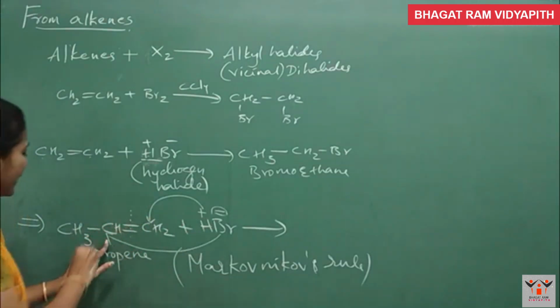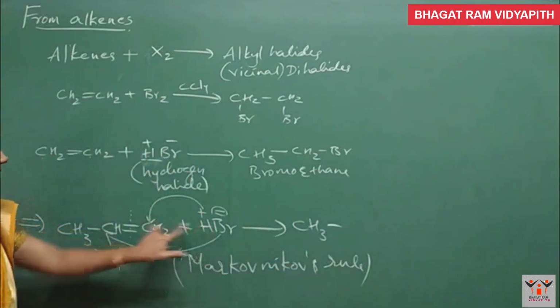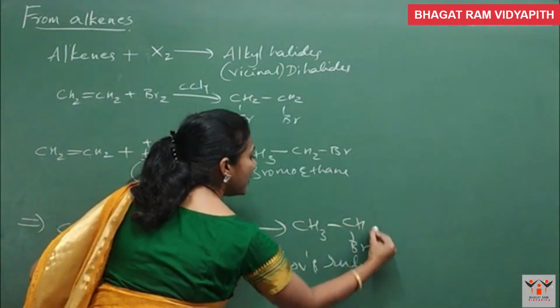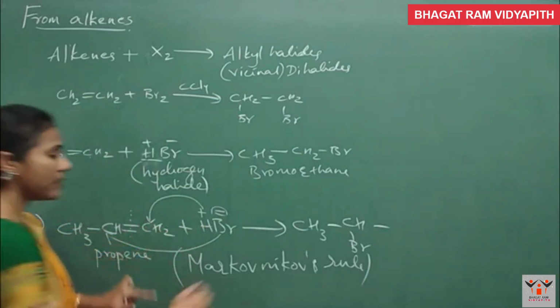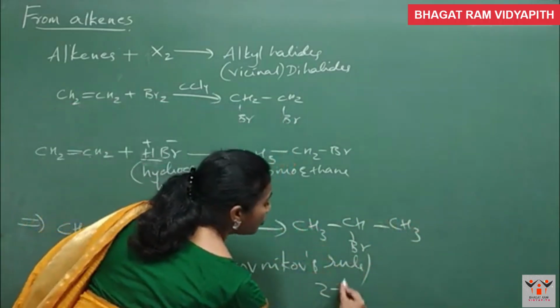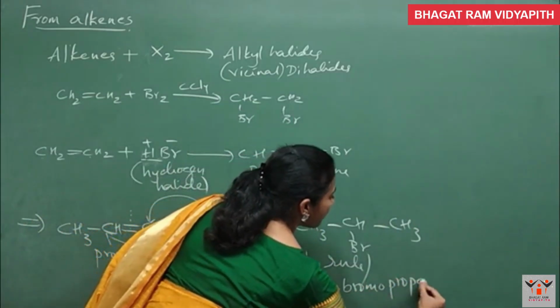If you add this way, what is the product you will get? CH3, and Br you added to this carbon, no? So CHBr, the double bond will become a single bond. To this carbon you added H plus, so it will become CH3. So you will be getting 2-bromopropane.